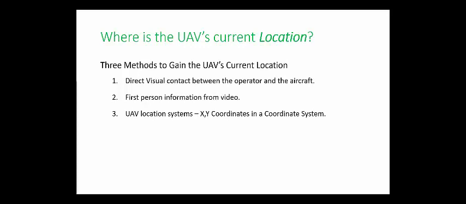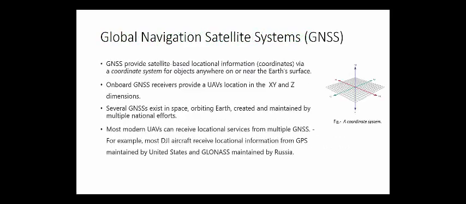And finally, the UAV location systems. Here, the UAV location systems are going to provide quantified XY coordinates in some sort of coordinate system. The global navigation satellite systems are a series of satellites and receivers that provide satellite-based locational information via a coordinate system for objects anywhere on or near the Earth's surface.